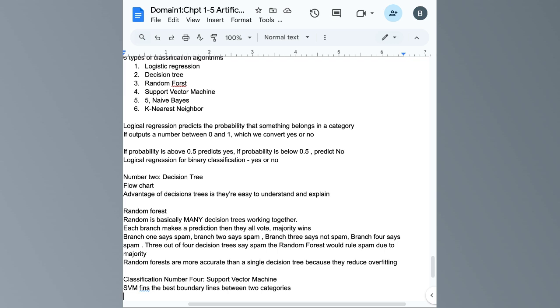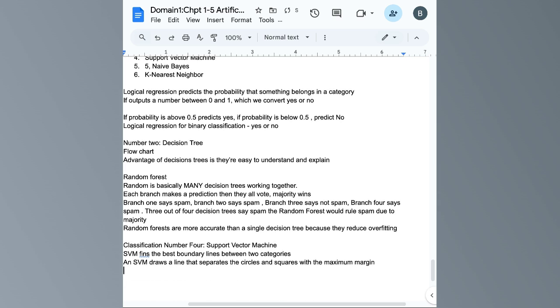You have circles and you have squares. And SVM draws a line that separates the circles and squares with the maximum margin. It's especially useful when you have data with a lot of features.